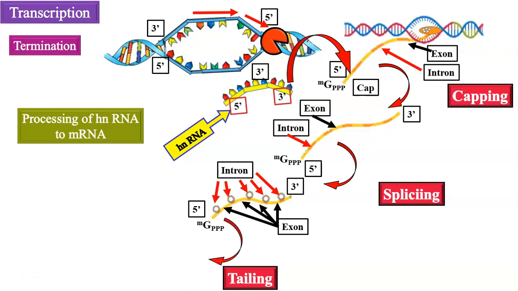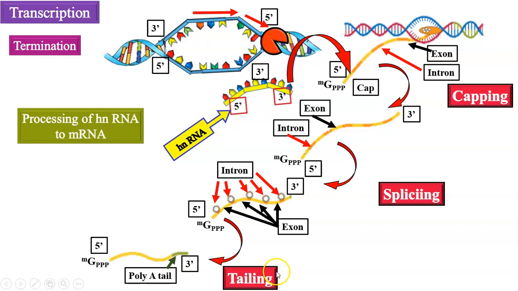And thus the primary transcript slowly gets converted into messenger RNA with the last step of tailing, and that is polyadenylation at the 3' end.